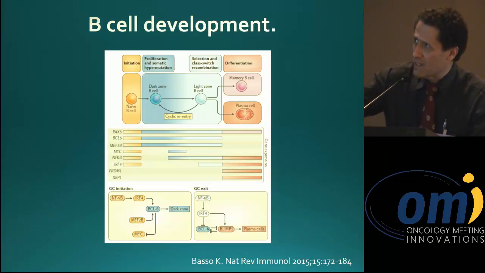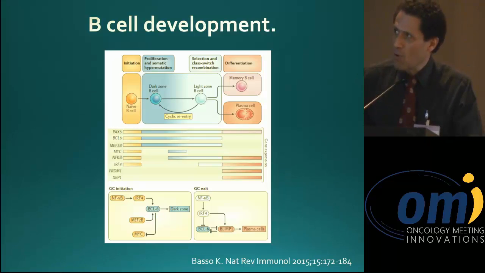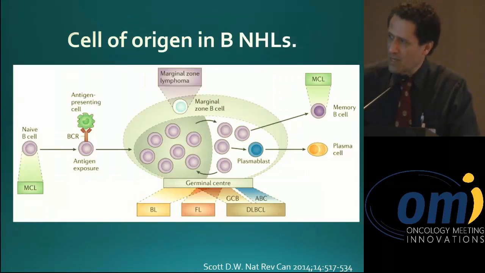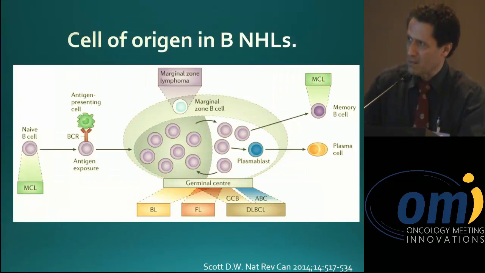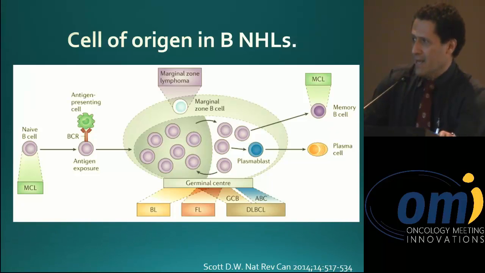In order to exit the follicle, the B cells have to switch off, for example, NF-kappa B and IRF4, and in this way B cells transform into memory B cells or immunoglobulin-secreting plasma cells.